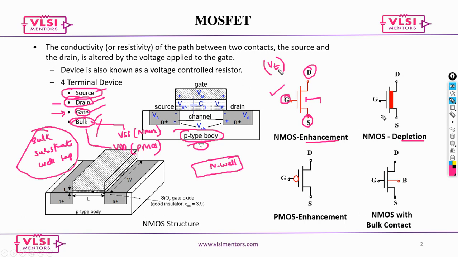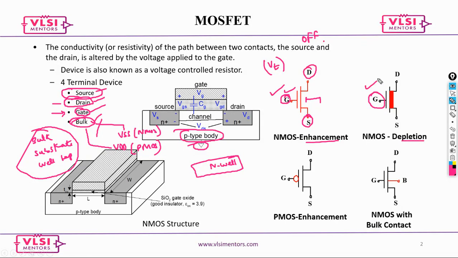And coming to depletion, by default it is on, and whenever you want to turn it off, you apply a voltage at the gate. In case of enhancement, by default it is off, and you make it on by applying a voltage at the gate.